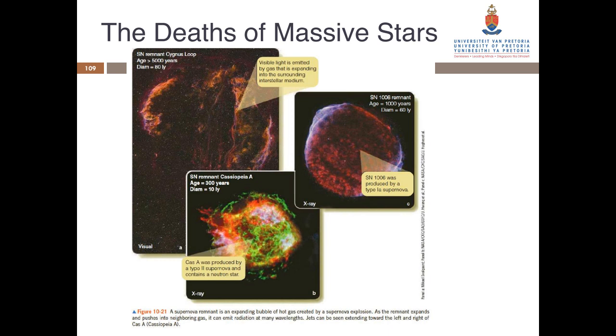So here we can see a supernova remnant is an exploding bubble of hot gas created by a supernova explosion. As the remnant expands and pushes into neighboring gas, it can emit radiation at many wavelengths. Jets can be seen exiting toward the left and right of gas A that we can see here.